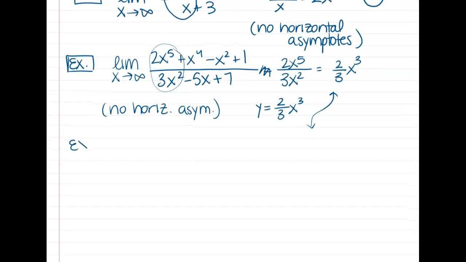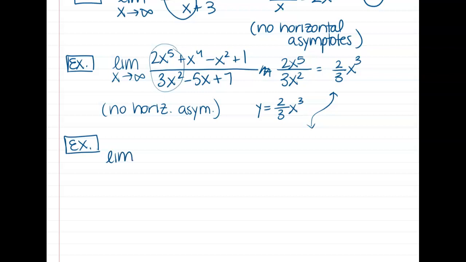For our final example, we have the limit as x approaches infinity of 2x cubed plus 7x squared plus 15 over 3x cubed minus 19.